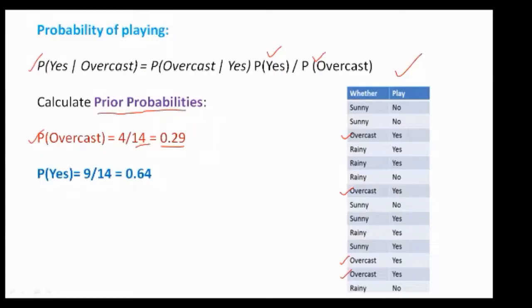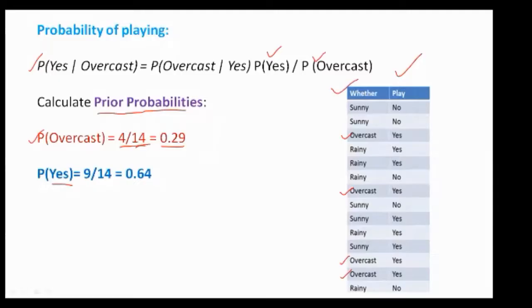So out of these 14, the 4 rows are for overcast. So overcast condition is 4 times. So the probability of overcast you can find like 4 divided by 14, that is 0.29. Now probability of S. We are considering this whole column now for calculating prior probability.